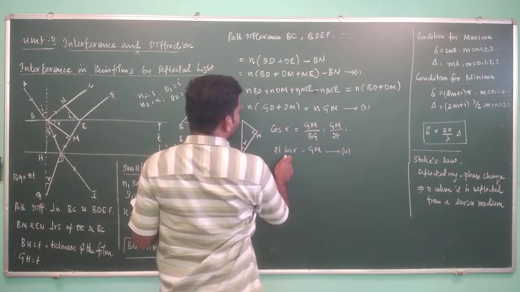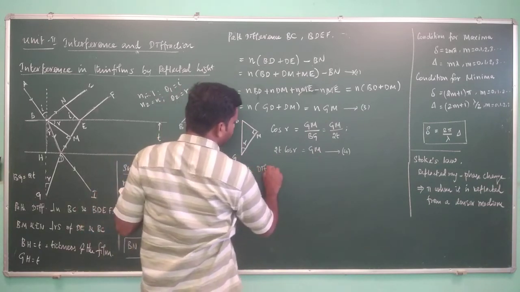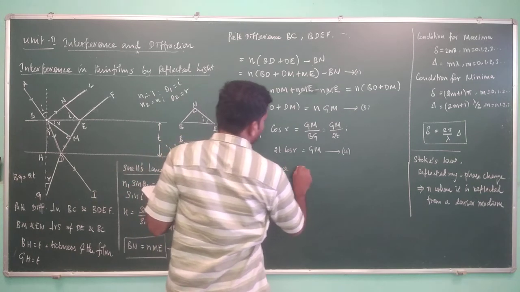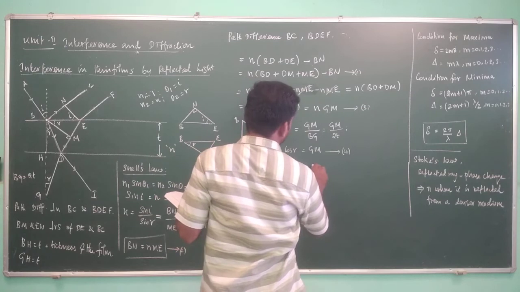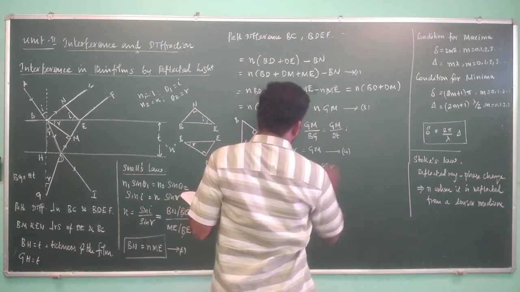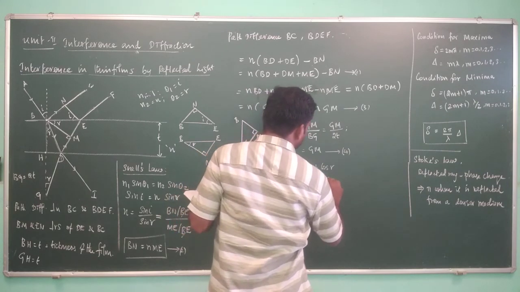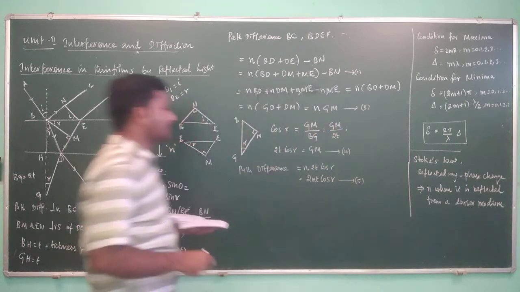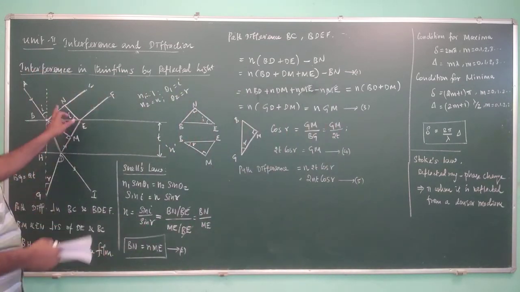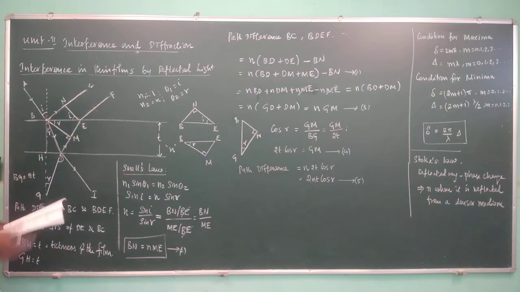If GM is equal to 2T cos R, then the final equation for path difference is N times 2T cos R, or more legibly 2NT cos R, equation 5. This is the equation for path difference between these two reflected rays, that is BC and BDEF.